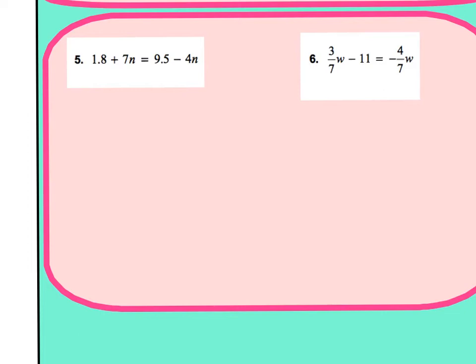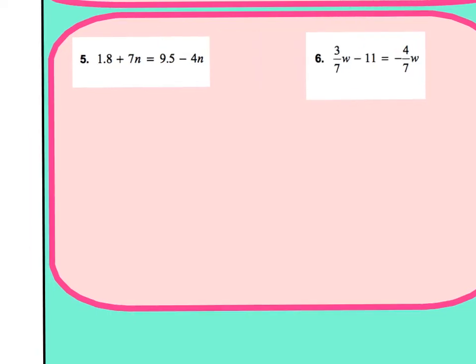On number 5, we had to get all of our like terms together. I'm going to get rid of this 1.8 by subtracting 1.8 from both sides. That leaves us with 7n equaling 7.7 minus 4n.